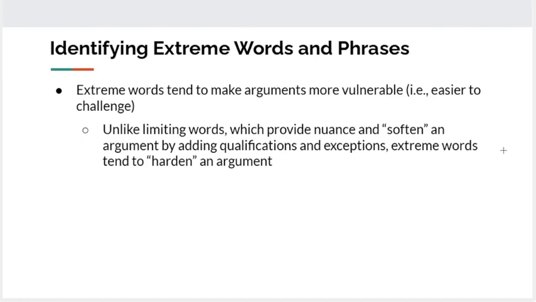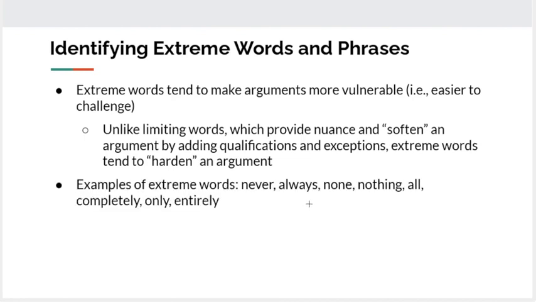Continuing with that contrast, if limiting words add nuance and soften an argument by adding qualifications and exceptions, extreme words tend to harden an argument, to make it more brittle, again, more vulnerable to challenge. Examples of some extreme words include never, always, none, nothing, all, completely, only, entirely.